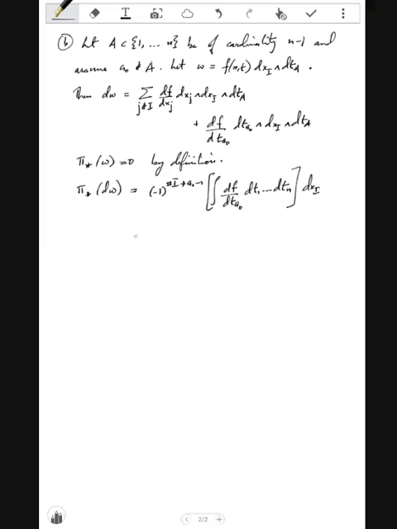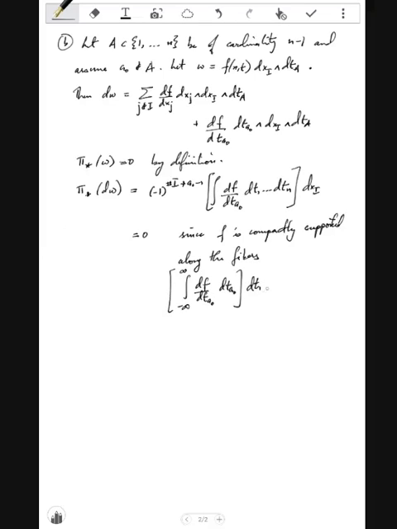And this is equal to 0 since f is compactly supported along the fibers. This is 0.